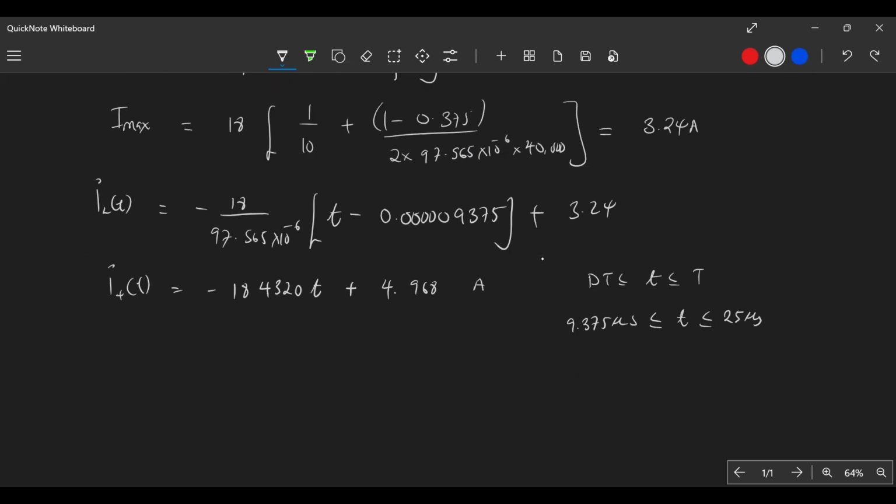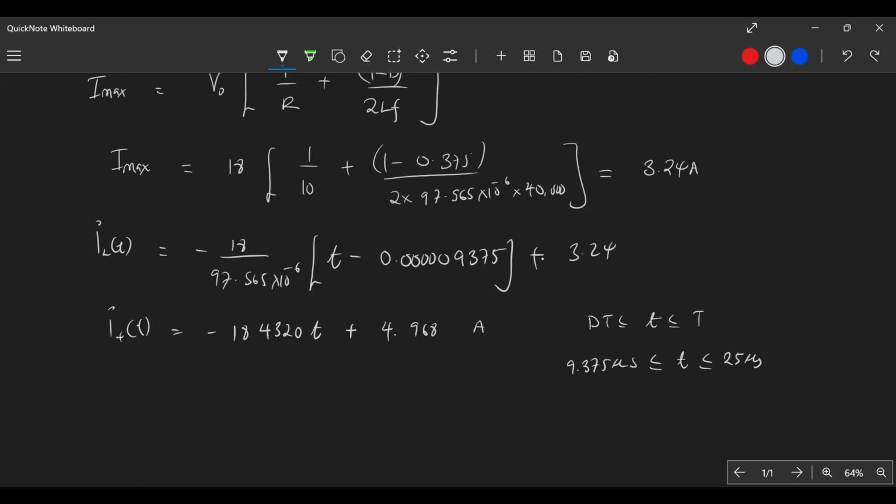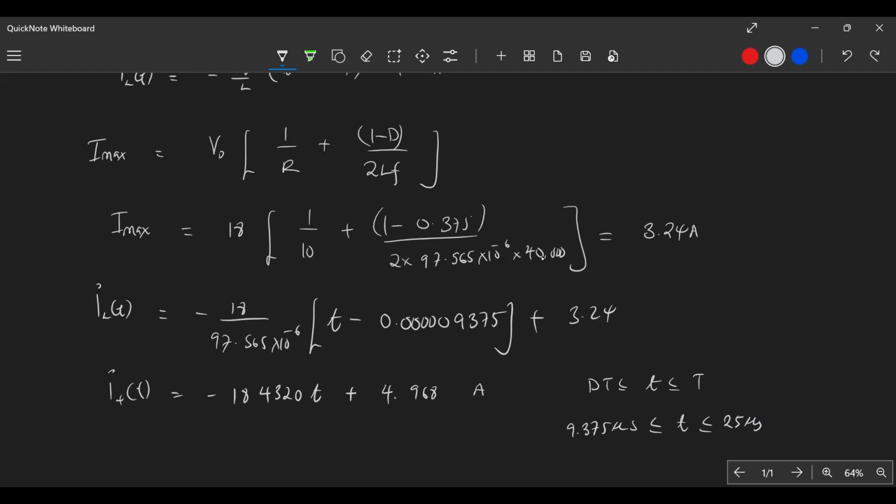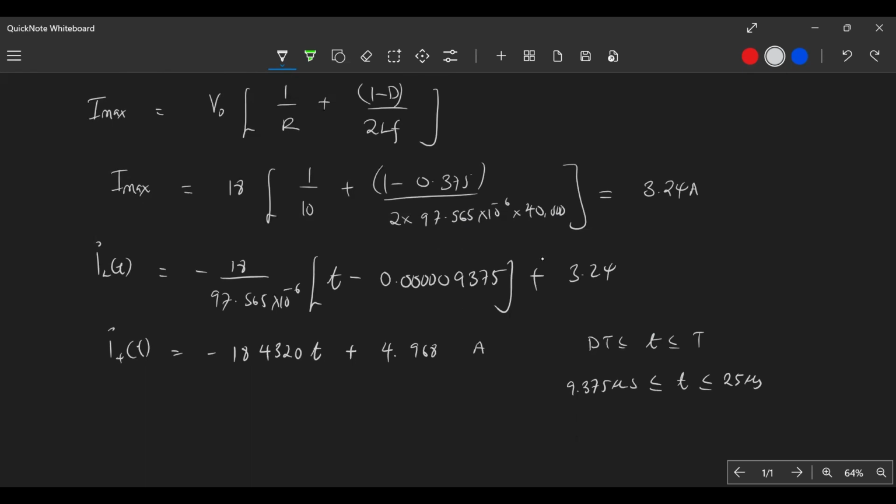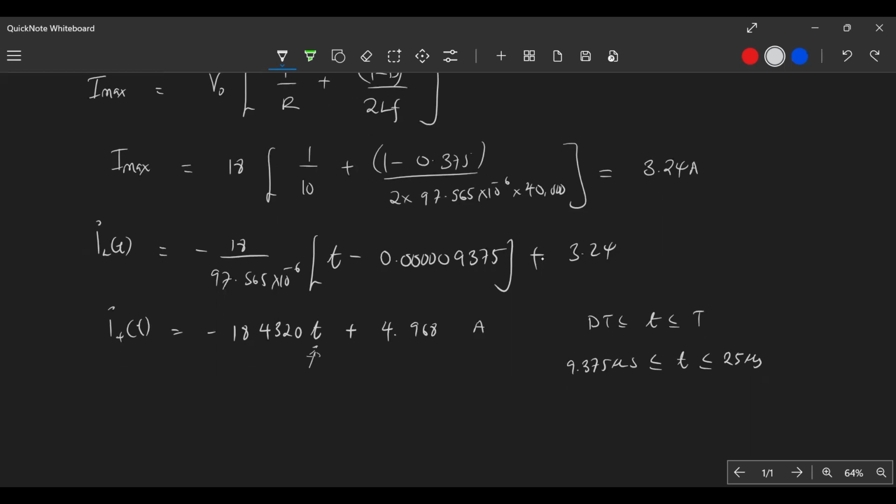So this current will be divided between this time period, right? You can try to check. For this equation, if you put time equal to D times T, you get the maximum current, 3.24. And if you substitute t here, after one period, remember that the current goes back to minimum, right?